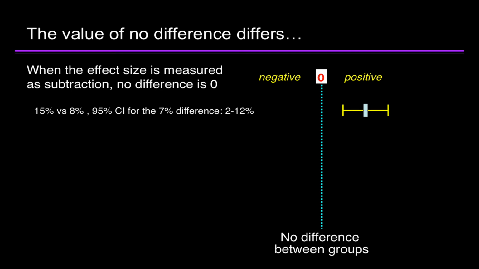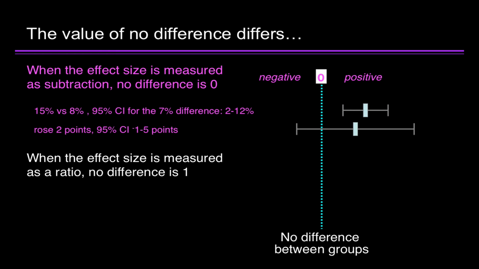Never crosses 0, that is statistically significant. On the other hand, a rise of 2 points, 95% CI minus 1 to plus 5 points, that includes 0, that crosses the no difference line, that is not statistically significant. The p-value is greater than 0.05.